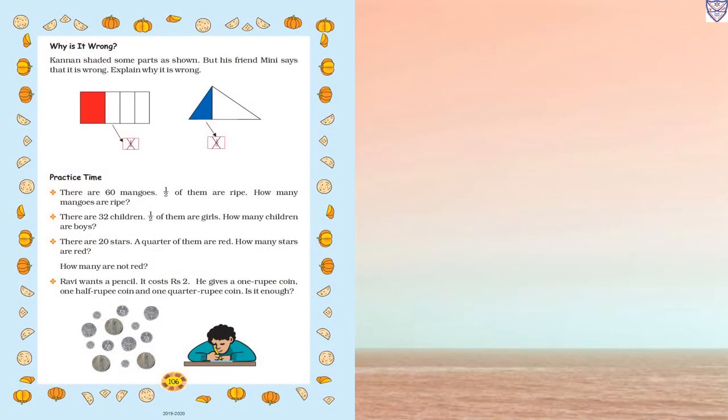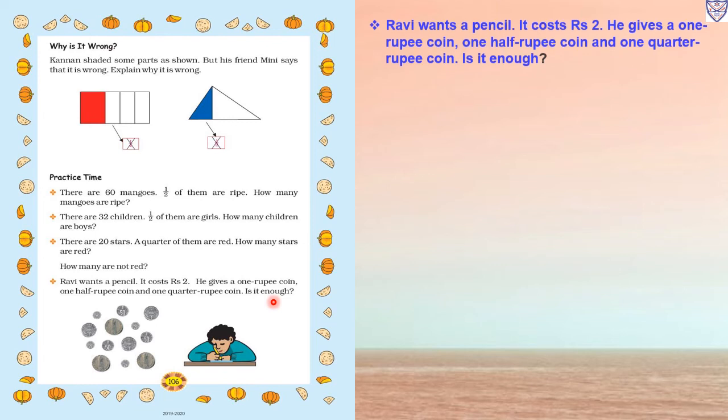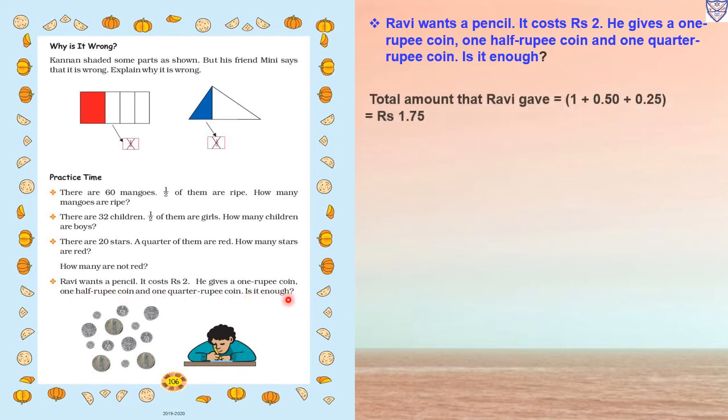Now next question. Ravi wants a pencil. It costs rupees 2. He gives a 1 rupee coin, a 1/2 rupee coin and a 1/4 rupee coin. Is it enough? So is it enough for that 2 rupees pencil?